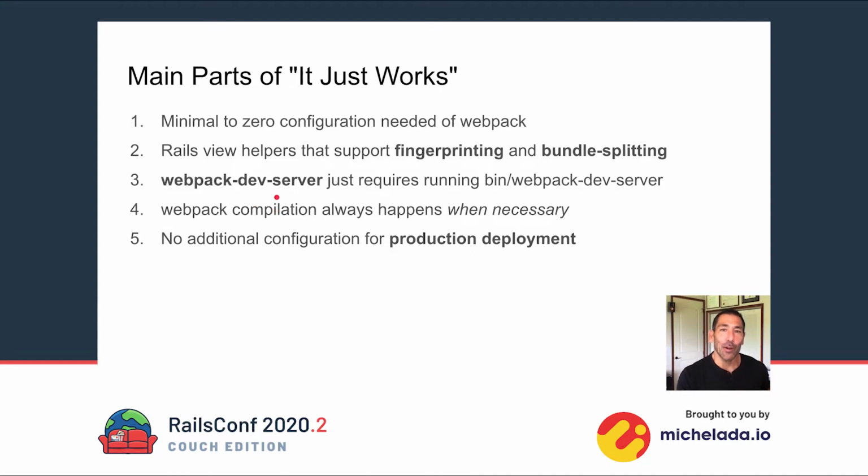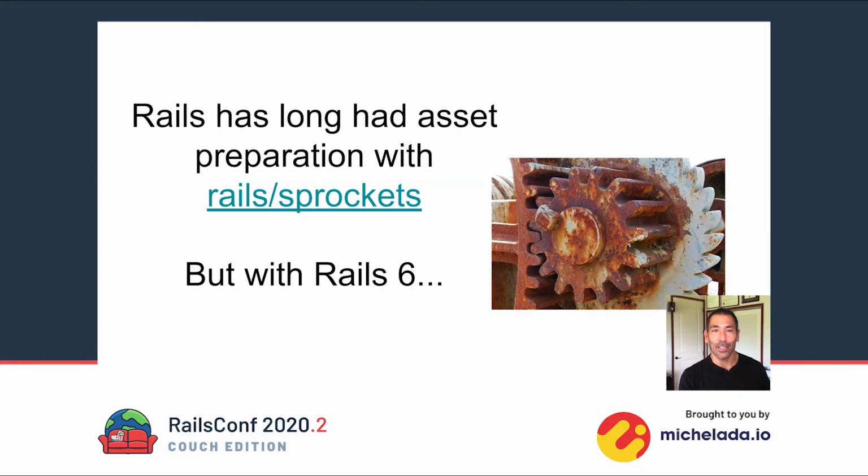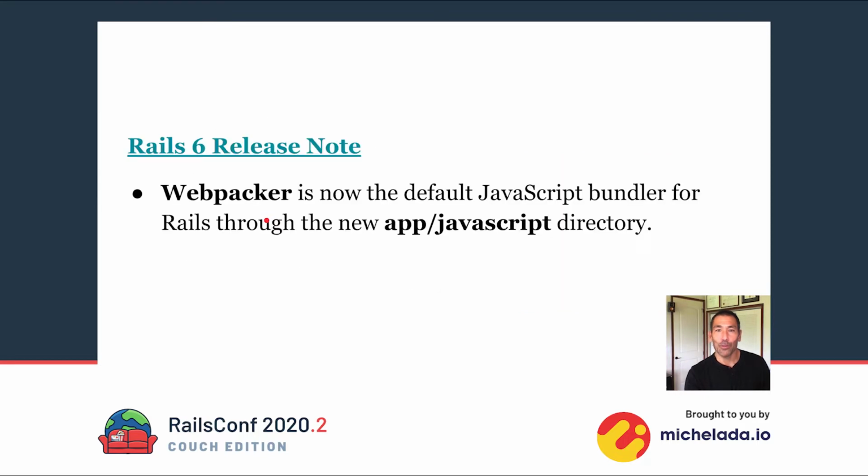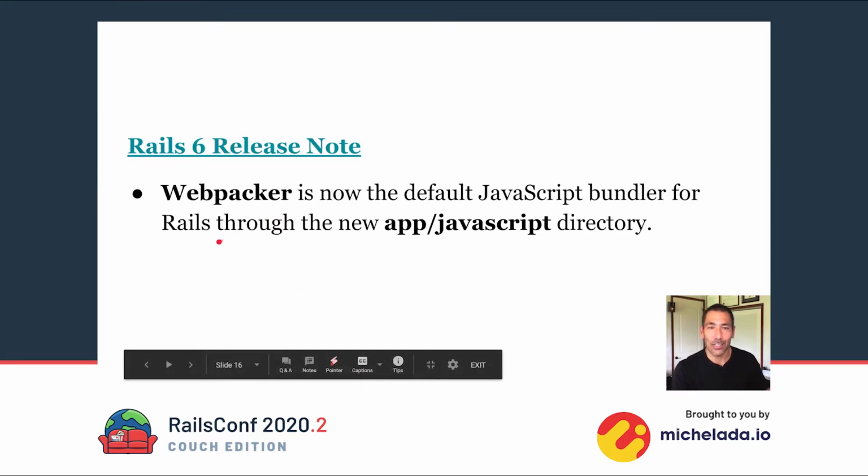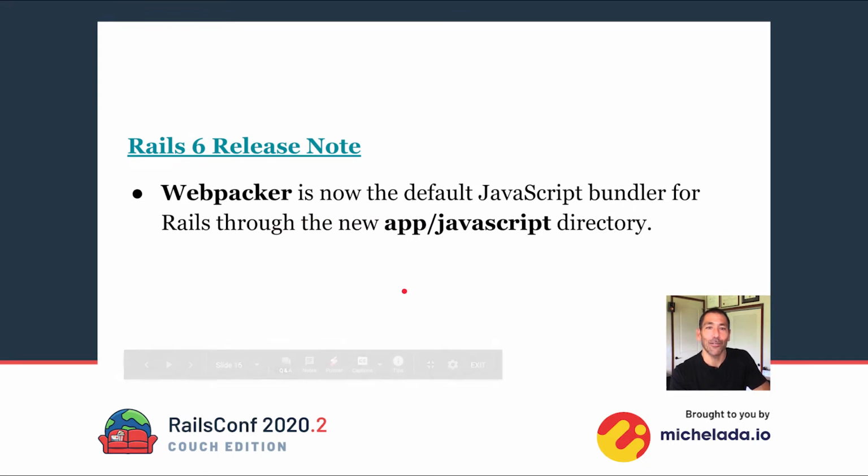Webpack compilation, we want to make sure it happens when it's necessary. And we also want to make it easy to set up your project for production deployment. So Rails has long had asset preparation with Rails sprockets, but Rails 6 had this nice little release note. Webpacker is now the default JavaScript bundler for Rails through the new app JavaScript directory.